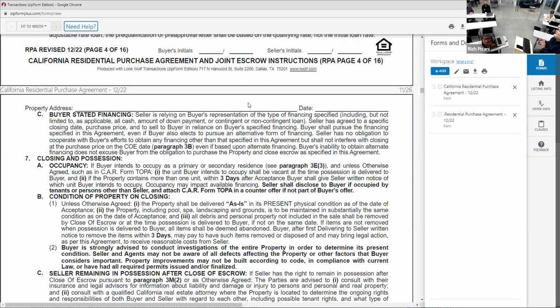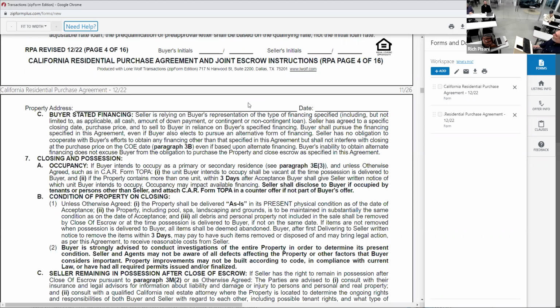If they want to do an appraisal, seller really doesn't have to allow that to happen. Because that involves allowing somebody into their home. Now, is it really a problem for the seller to let somebody in the home to do an appraisal?